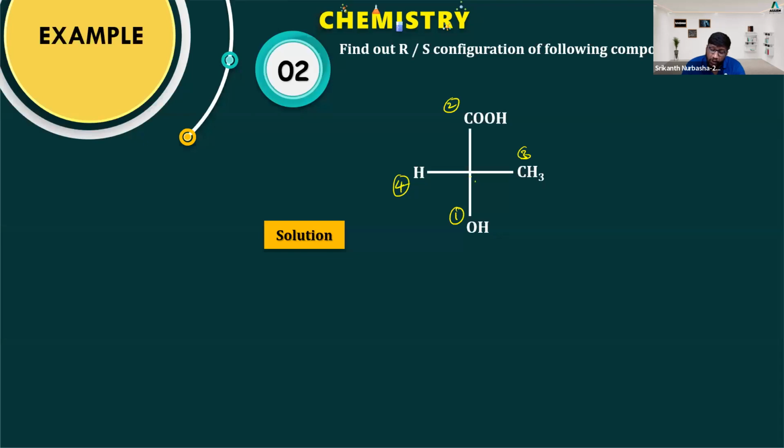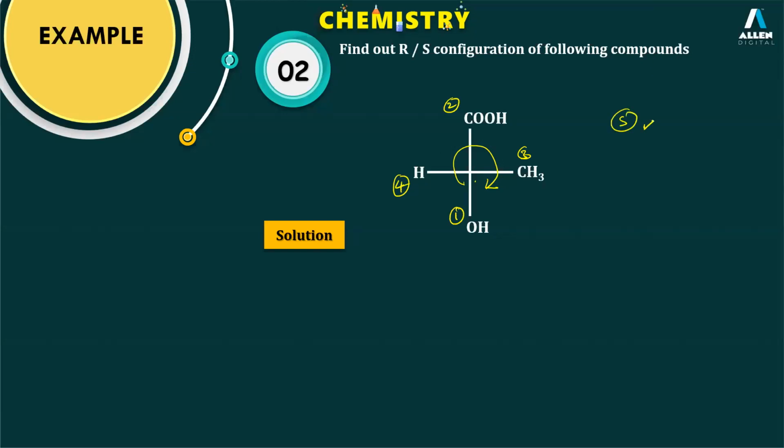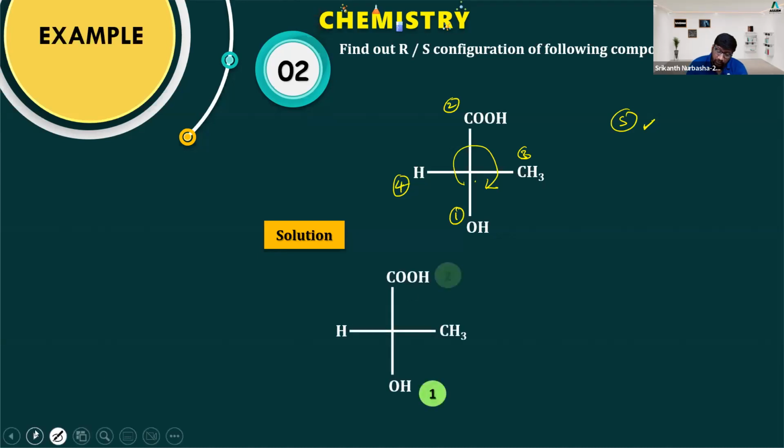Going 1 to 2, 2 to 3, how are you going? Clockwise. Clockwise means R, but since the fourth priority is on the horizontal line, it has to be reversed. So the answer is S.